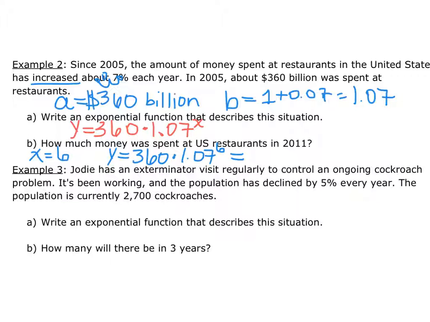What do we get? 540.263. All right. So if we're talking about billions of dollars, though, do we care about a couple of million? No. I'm going to round to the billions for this problem. So we're going to say 540 billion.